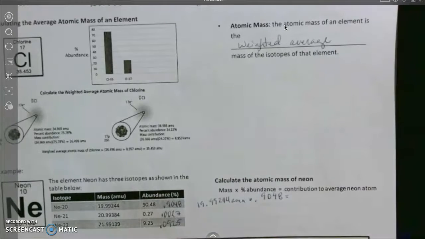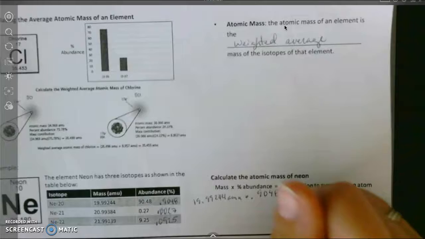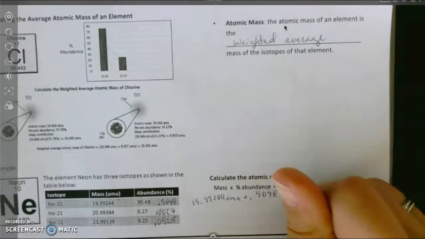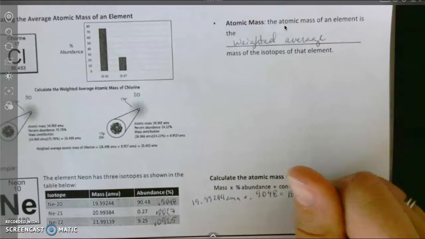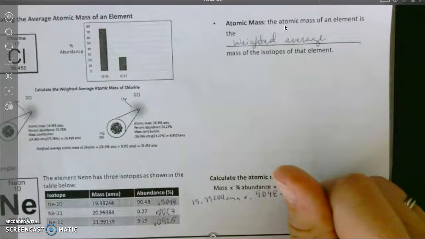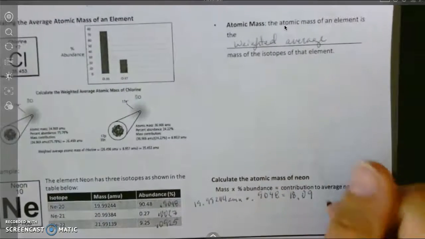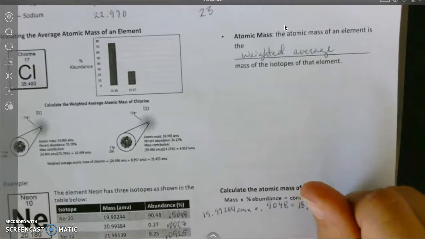Okay, so I'm going to run that. I have 19.99244, and I'm going to multiply that by 0.9048, and that gives me 18.09. Okay, we're going to round there. Atomic mass units.